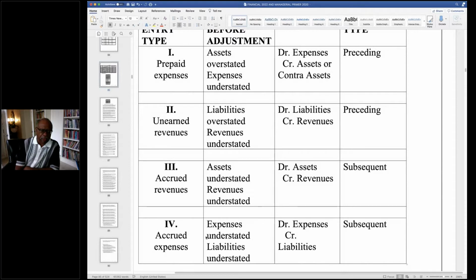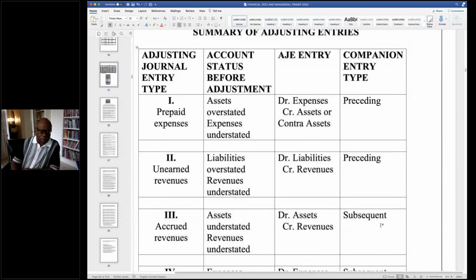The company has incurred the expense, it's going to pay it later. So you see this chart, it tells you if you got a prepaid expense, the assets are overstated at this point, the expenses are understated. You got the debit to expense, and you got the credit to asset or contra asset. There's going to be a preceding entry and the AJE follows, and that's the same with the unearned revenues.